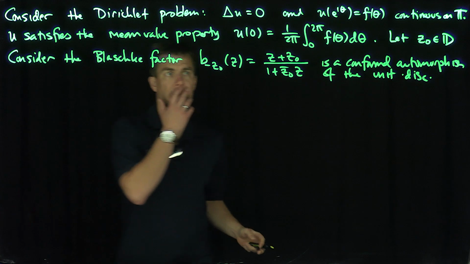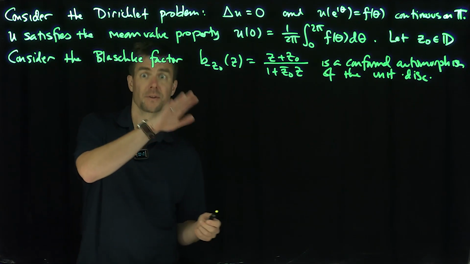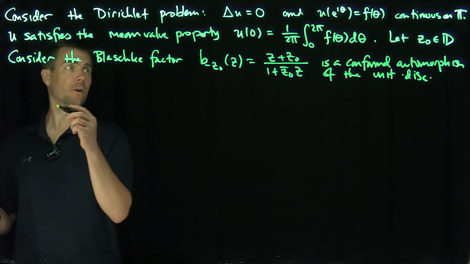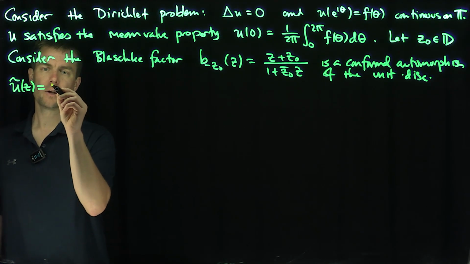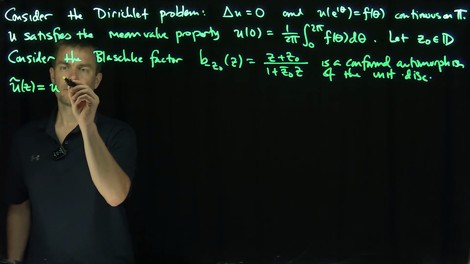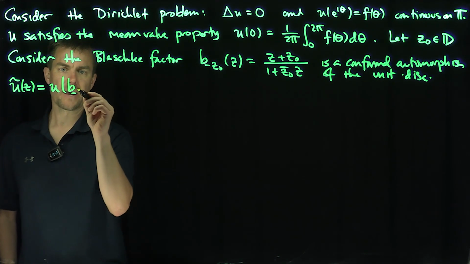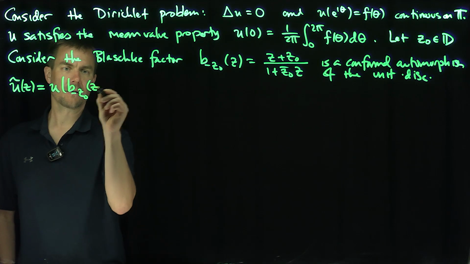Okay, great. And so what I can do now is compose. This is a holomorphic function, so I can consider the function u tilde of z equal to u of B negative z0 of z.